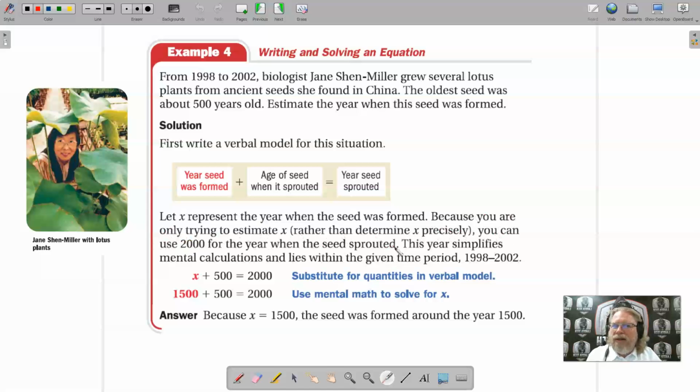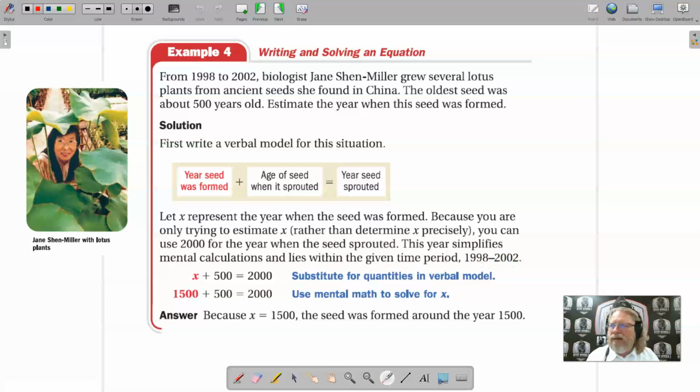Now, at the present time that I'm making this video, it's 2020. So we're rounding back to the nearest 1,000, and we'll just think of it in thousands. So we're going to use the year 2000 for when the seed sprouted. This year simplifies mental calculation and lies within the given time period.